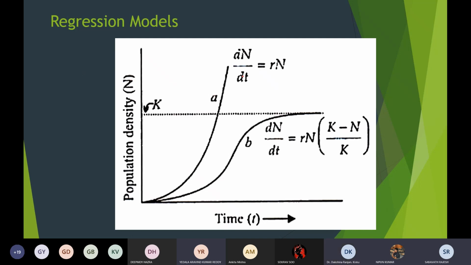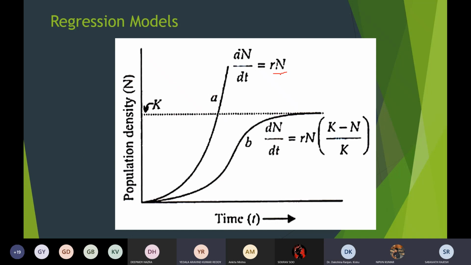So if we consider an exponential solution for this, then we can have this r and n. Here n is nothing but the population density, or the population growth in a particular region.